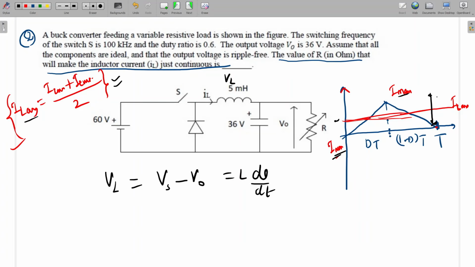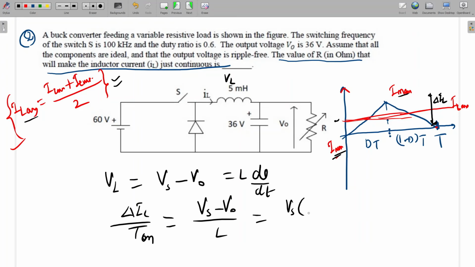This is delta IL, so delta IL divided by T on should be equal to Vs minus V naught by L. V naught is D Vs, so we can write Vs into 1 minus D, times T, divided by L. Further, delta IL is equal to D into 1 minus D Vs divided by LF.